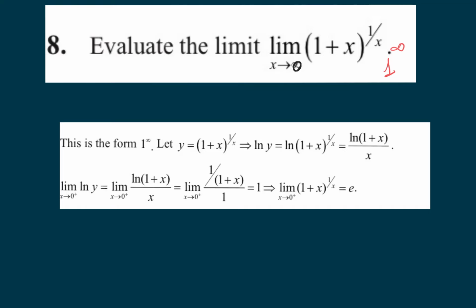It's a different form than the one we saw in the previous problem, where the limit as x goes to infinity of x raised to 1 divided by x was infinity raised to 0. So you may think, well, if 1 goes to infinity, this must go to 1.